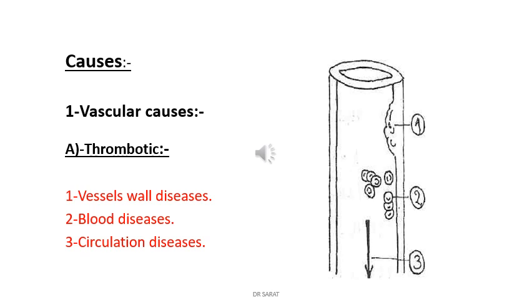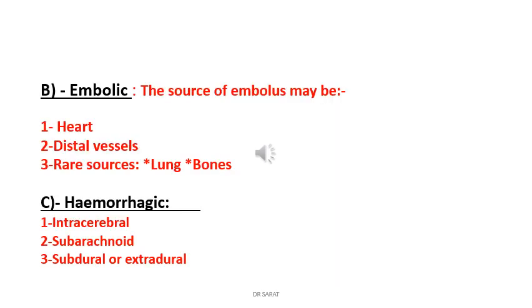The thrombotic cause can be from three reasons. That is, vessel wall diseases can produce thrombus. Any blood disorders like platelet disorders or hypercoagulability can produce thrombus. And circulation diseases, if there is any obstruction to circulation, can also produce thrombus.